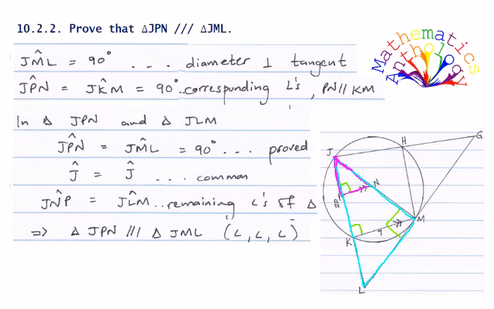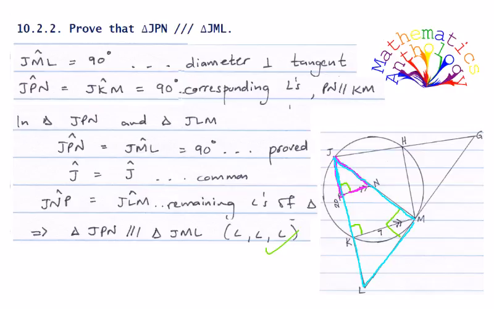So we can say angle JML is equal to 90 degrees. That's because the diameter is perpendicular to the tangent, as we said before. Angle JPN is equal to angle JKM, that's equal to 90 degrees. That is because of corresponding angles, with PN being parallel to KM. We did mention that earlier. It's in use now, as you can see.